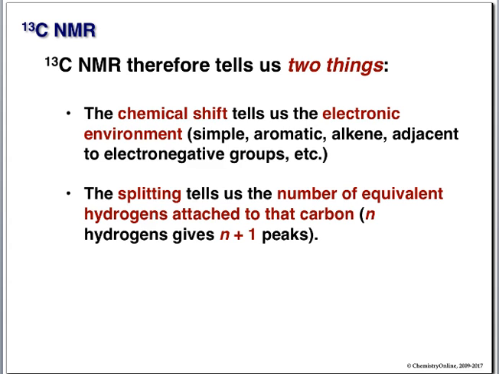Ketones, aldehydes all the way down, then acyl groups, then benzene rings, double bonds, electronegatives, and stuff like that. The splitting will tell us the number of equivalent hydrogens attached to the carbon. N hydrogens, N+1 peaks.